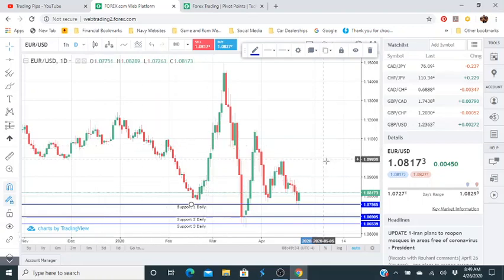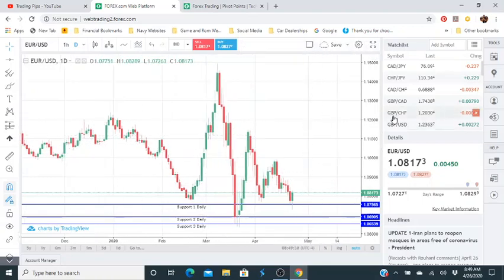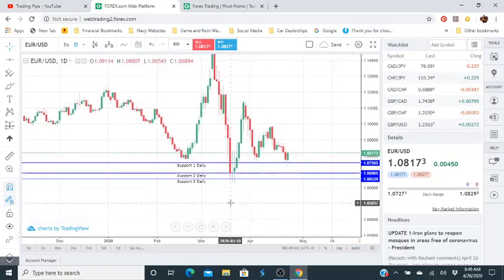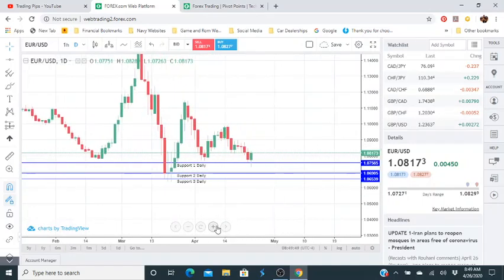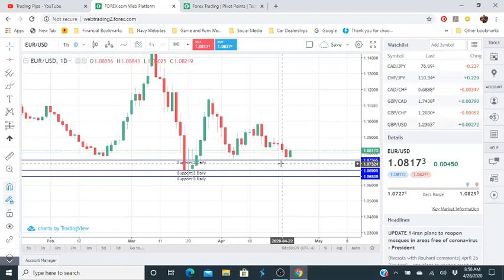So just looking at the chart, and I can bring it up just a bit. We'll do like that. We have where the market is headed down, and if we blow it up just a bit, zoom in, we can tell that we had some movement where the market was going down, these red candles, right? And we have a wick coming out of this red candle right here that touched the support 1 daily line.